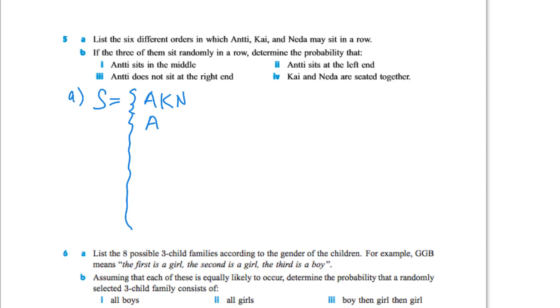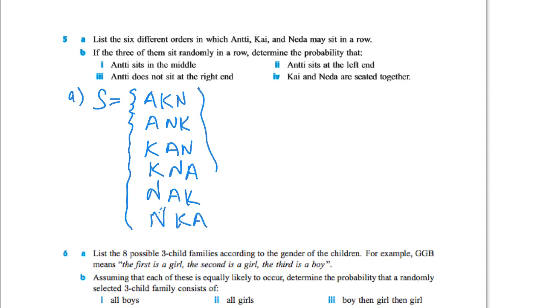So let's keep A first, and switch the order of NK. Let's put K first, then AN, K first, then NA, or N first, followed by AK, or N first, followed by KA. That would be the 6 different orders.